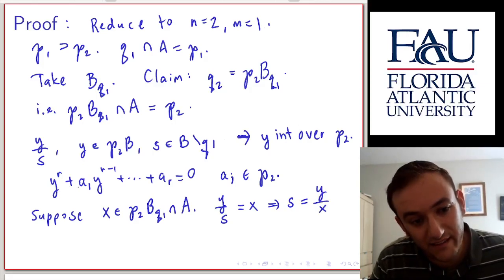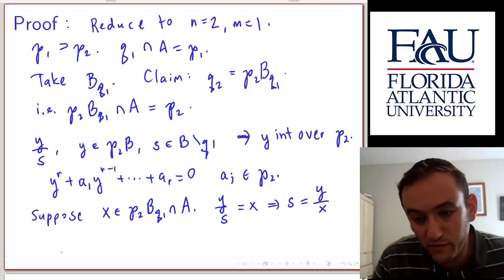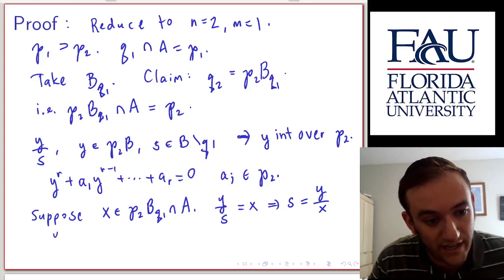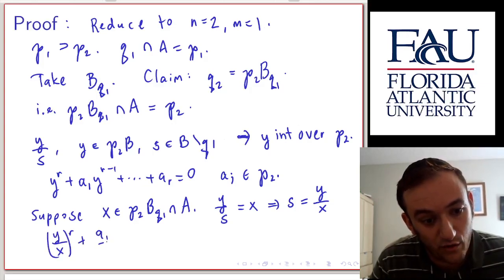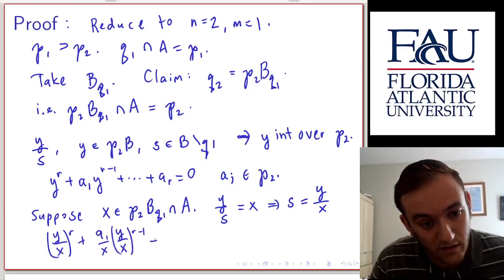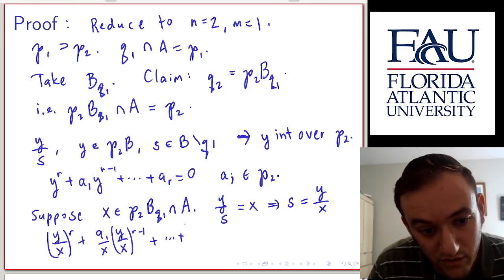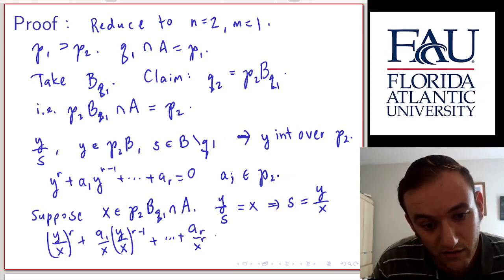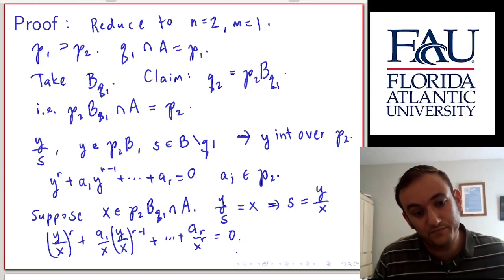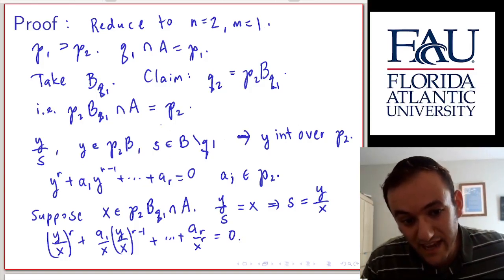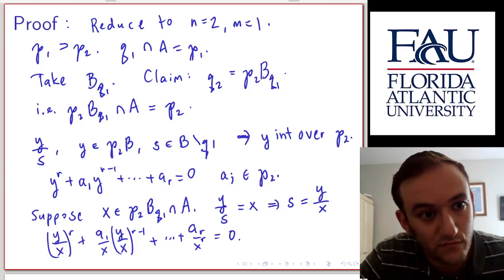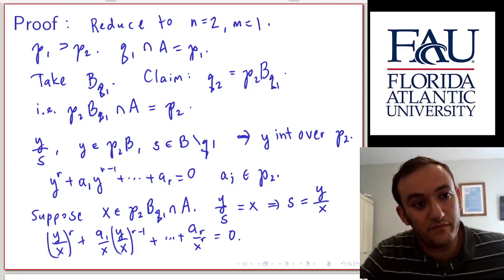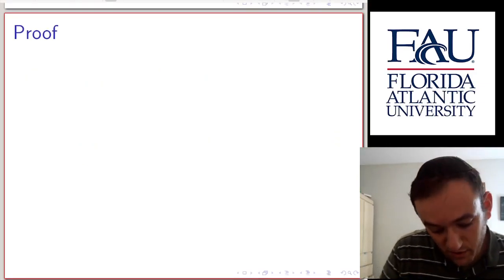Okay, well, looking at this last equation, if I divide through by x to the r, what I get is y over x to the r plus a1 over x times y over x to the r minus 1, etc., all the way down to ar over x to the r equals 0. So this tells us that s also satisfies a certain monic polynomial.